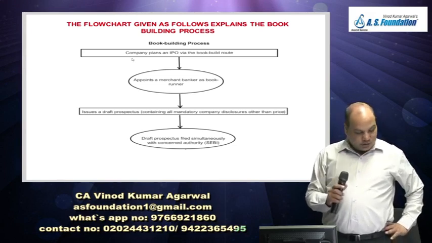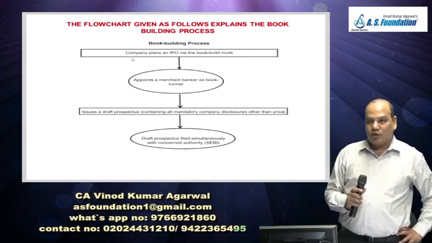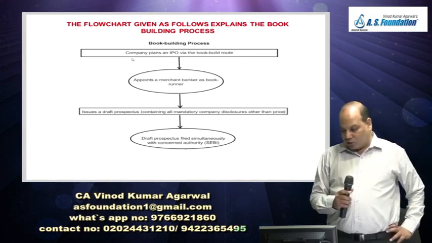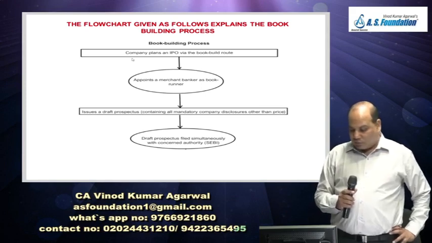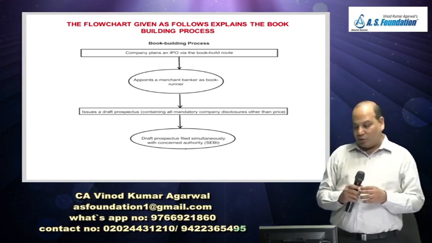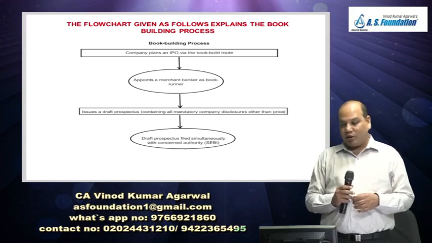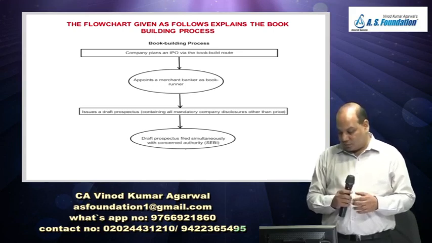Now, what we discussed in the last 2 pages has been summarized in the form of a flow chart. How does the book building process work? Company plans an IPO via the book building route. Company will appoint a merchant banker as a book runner, and issue a draft prospectus containing all mandatory disclosures other than price.